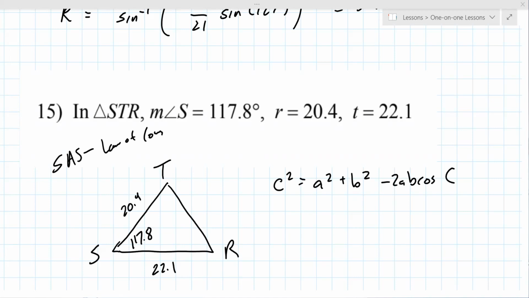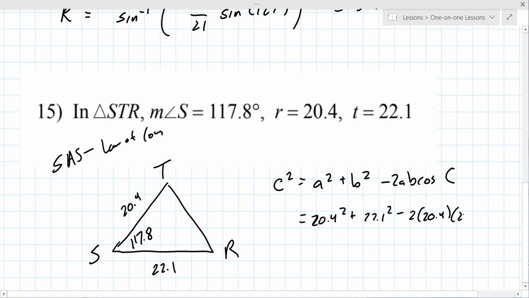So it should be something like 20.4 squared plus 22.1 squared minus 2 times 20.4 times 22.1.